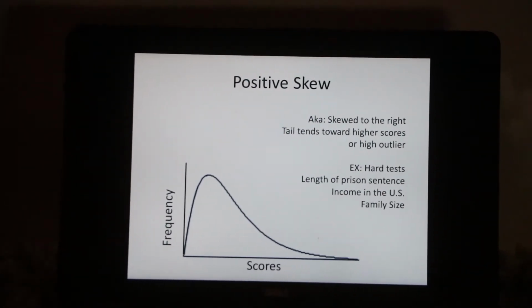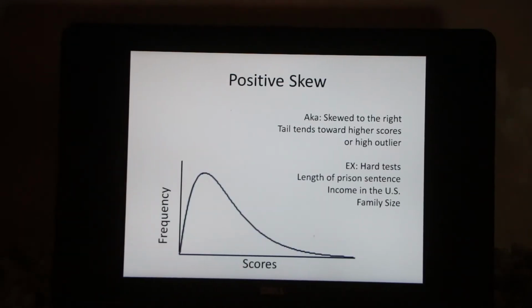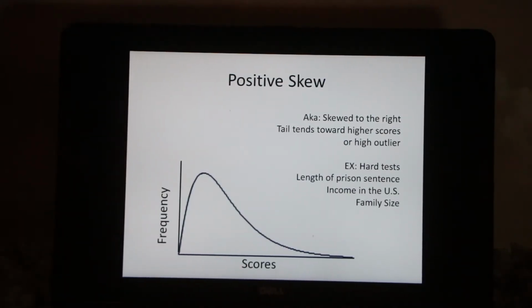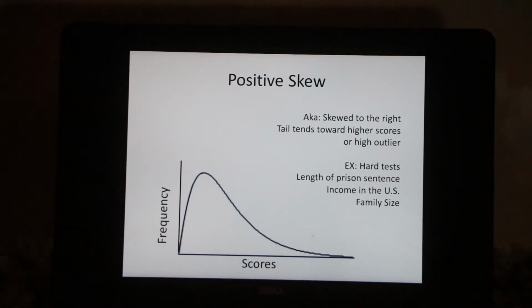Positive skew means that you have an outlier that's all the way over to the right. Let me give you a few examples of situations where you would see a positive skew. Let's say you took a test and it was extremely difficult. On the bottom would be all of the grades that you got on the test.